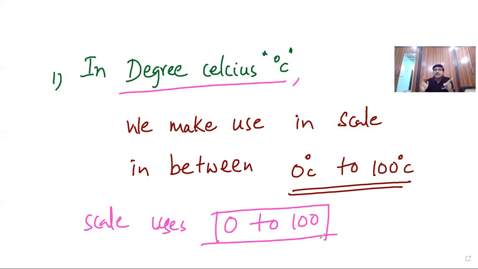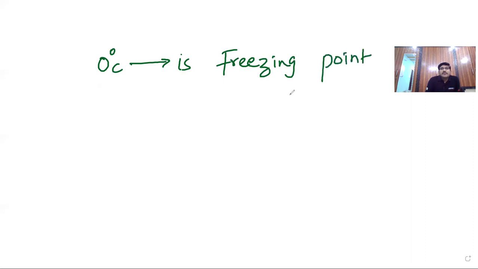That's why degree Celsius makes use of a scale in between 0 to 100. I clearly write that 0 degree Celsius is the freezing point for water.